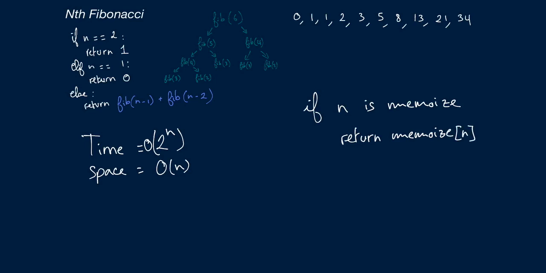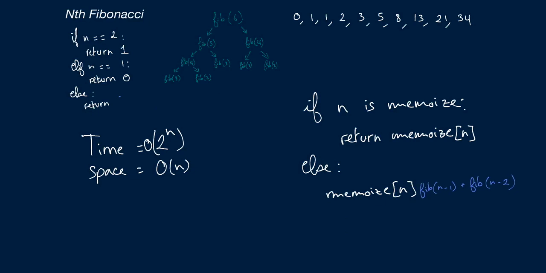So if we have our solution to a given Fibonacci function for a given n stored in memwise, return memwise. Otherwise, else, we store in memwise of n the formula that we had written for our solution above.